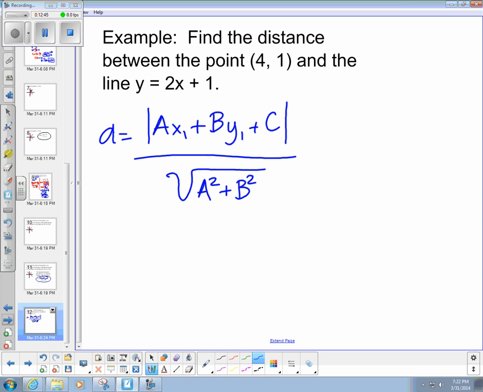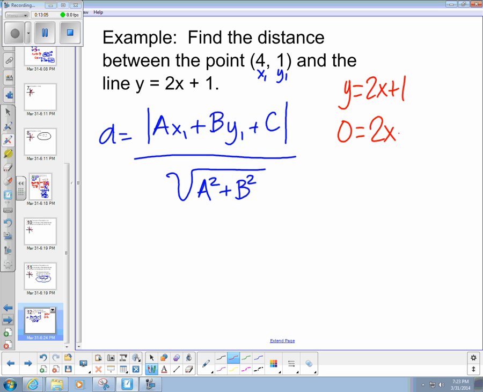Okay, now the point 4, 1 is my x1, y1, but the way the line is written, I have to do some maneuvering first. So I can't use y equals 2x plus 1 in that form. I need it equal to 0, and I need everything in the right order. So to get it equal to 0, I'm going to move the y over to the other side.